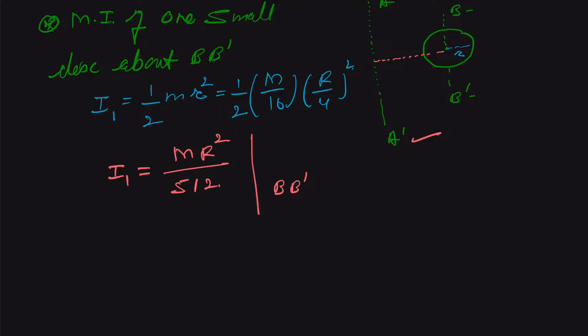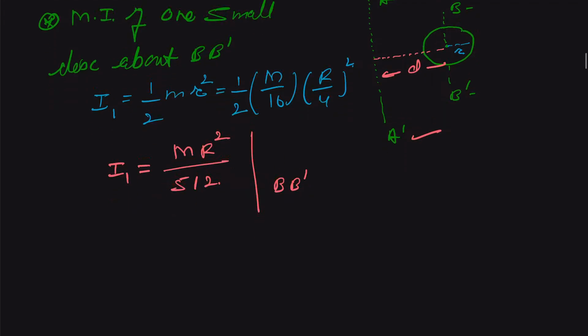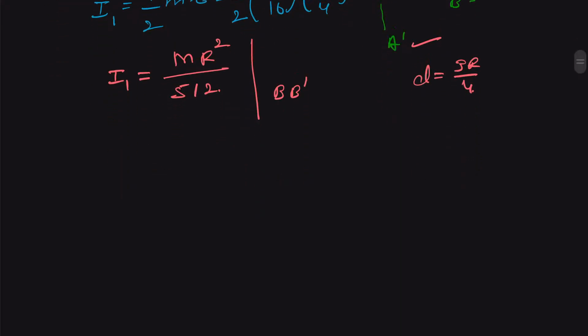Now suppose this distance is d, which will be equal to 3r by 4. Now we are going to use the parallel axis theorem.